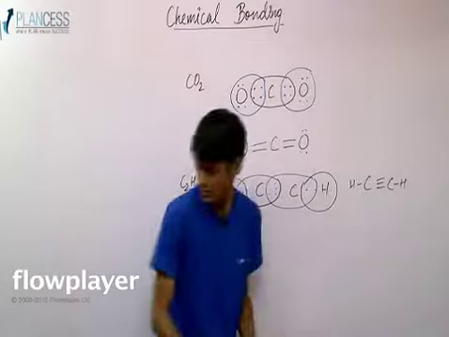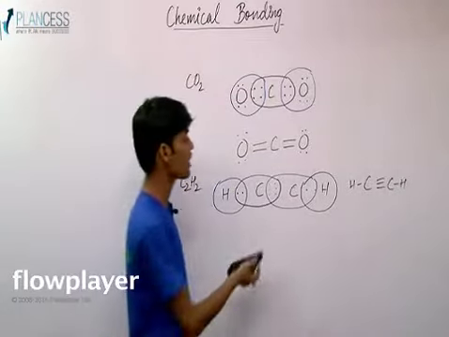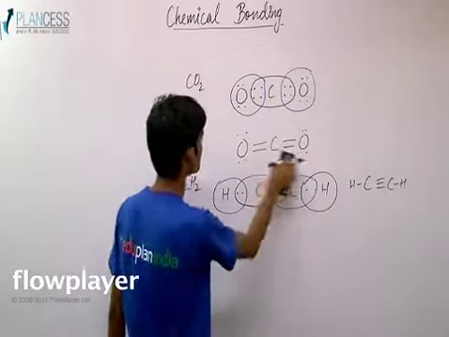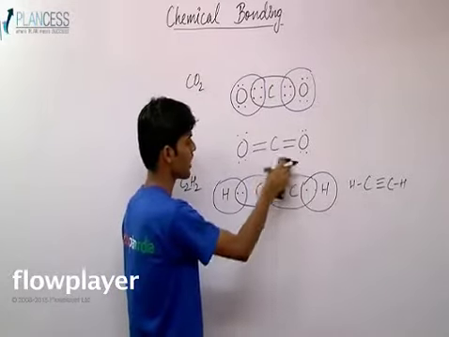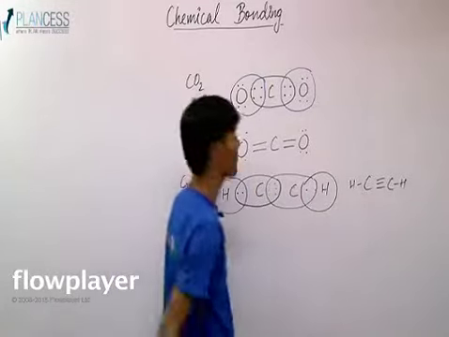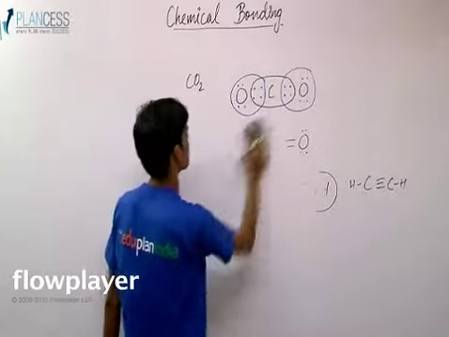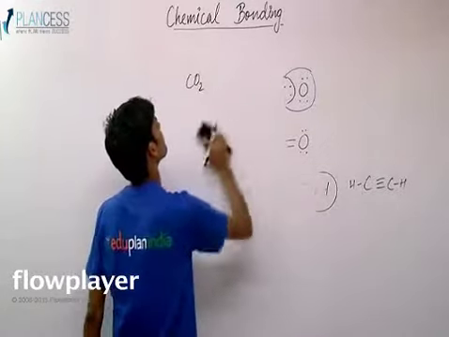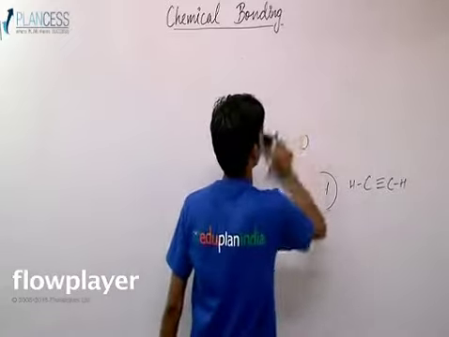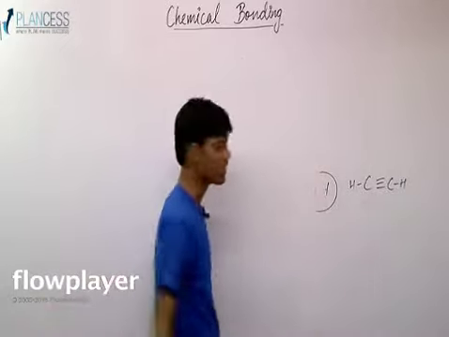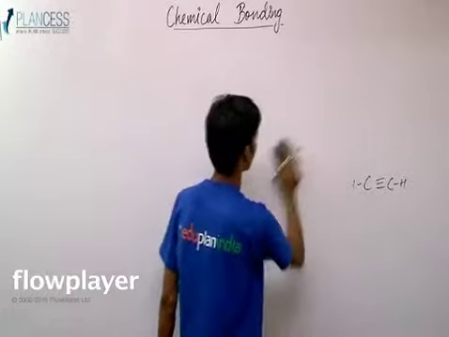Yeah. So the next question is how to decide the central atom. The central atom in CO2, as you can see, is carbon, and the central atom here is also carbon. But how to determine the central atom is the issue I am going to take up first. There are a few criteria on the basis of which we can decide the central atom.